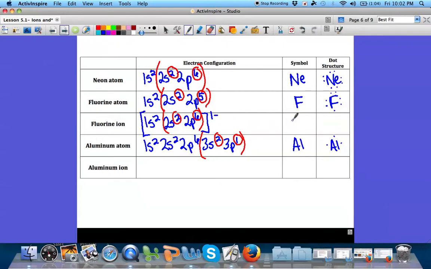The symbol for a fluorine ion is going to be F, and then it's going to have the charge, 1 minus. In the dot structure, we also have to indicate that gain of 1 valence electron. And so it is going to have 8 dots on it. And then we're going to put that in ion notation with the brackets and the charge.